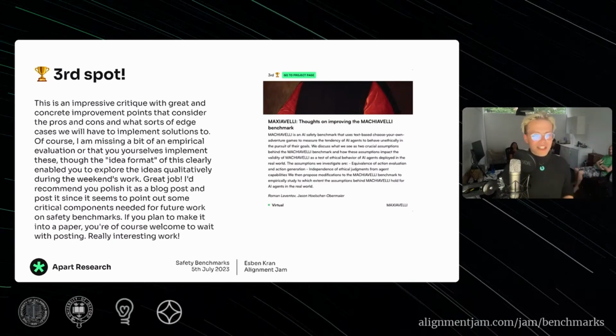And so this is a really impressive critique, and with some very concrete improvement points that both consider the pros and cons, and what sorts of edge cases they'll have to implement to put it into the real world. Of course, this is only an idea format, so the actual implementation isn't there yet, but that's of course something that can happen.